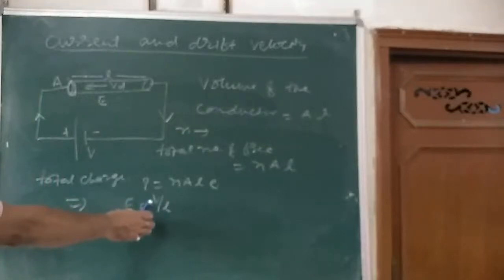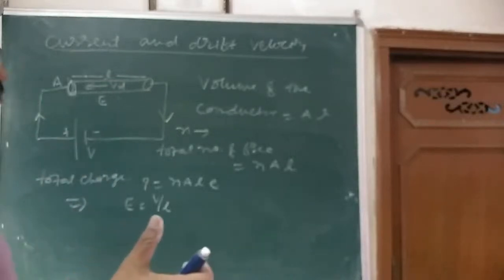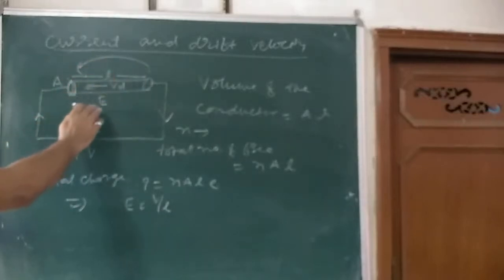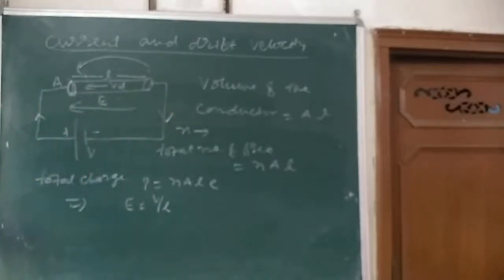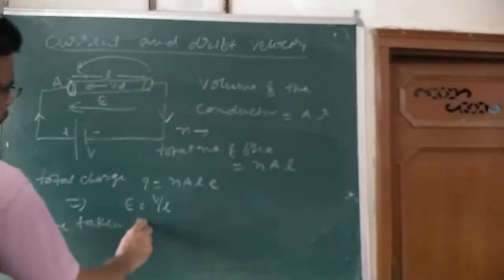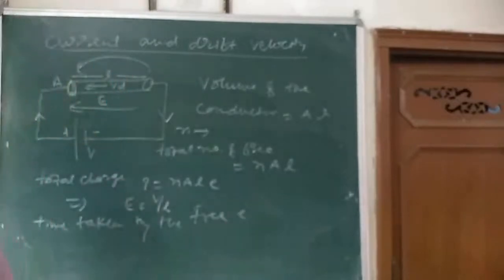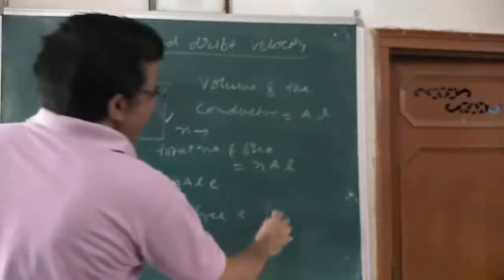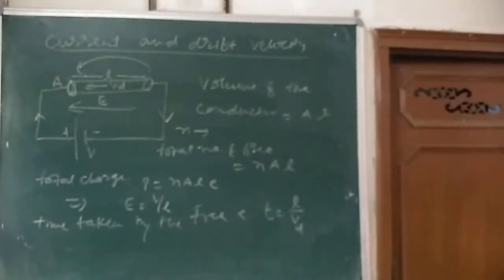So due to this applied field, the free electrons present in the conductor will begin to move and drift in this direction, drifted with a velocity Vd towards the left. So the time taken by the free electrons to cross the conductor, यहाँ से यहाँ तक आने में जो टाइम लगेगा, that is equal to distance upon velocity, L divided by Vd.